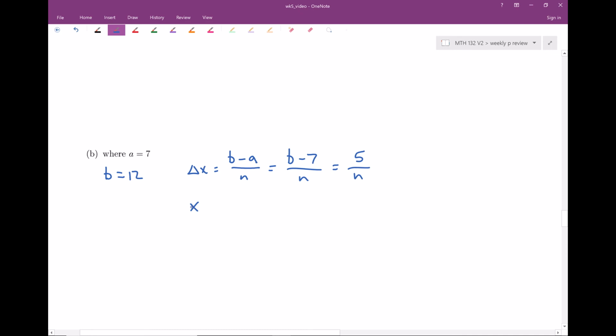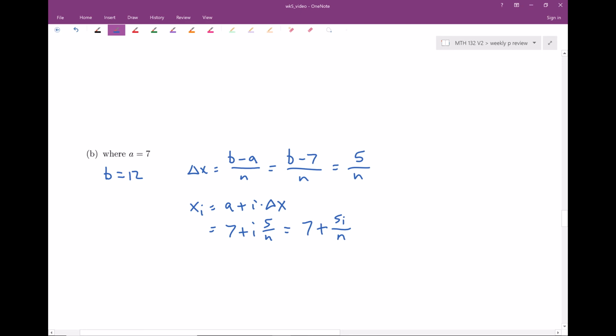How about our x sub i's? How do these change? Our x sub i's are supposed to be a plus i times delta x. So a now is 7, plus i delta x, and delta x is 5 over n. This becomes 7 plus 5i over n.